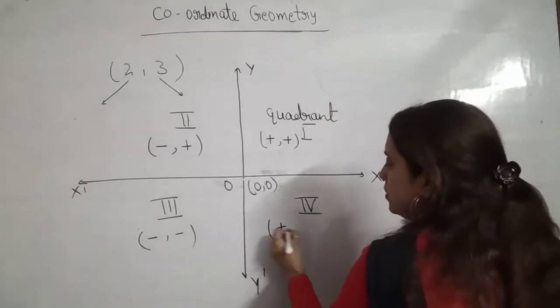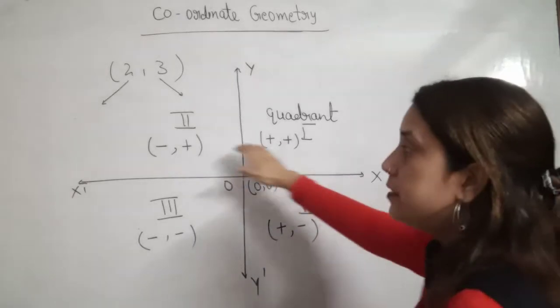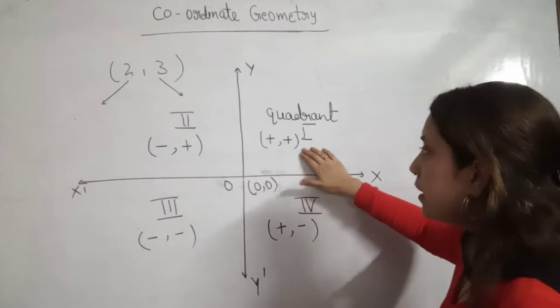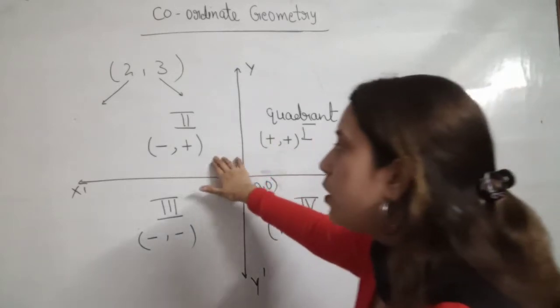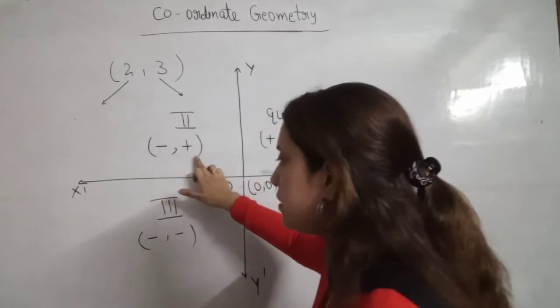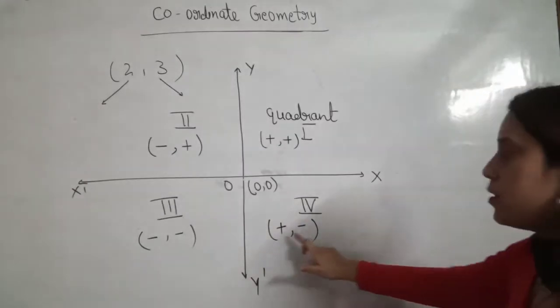So positive, negative. The sign for the first quadrant is positive, positive. In the second quadrant the sign will be negative, positive. Third, negative, negative. And fourth quadrant, positive, negative.